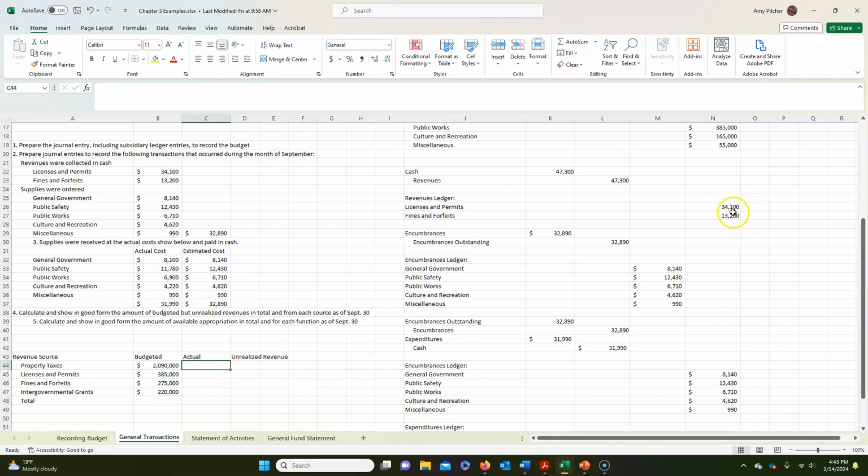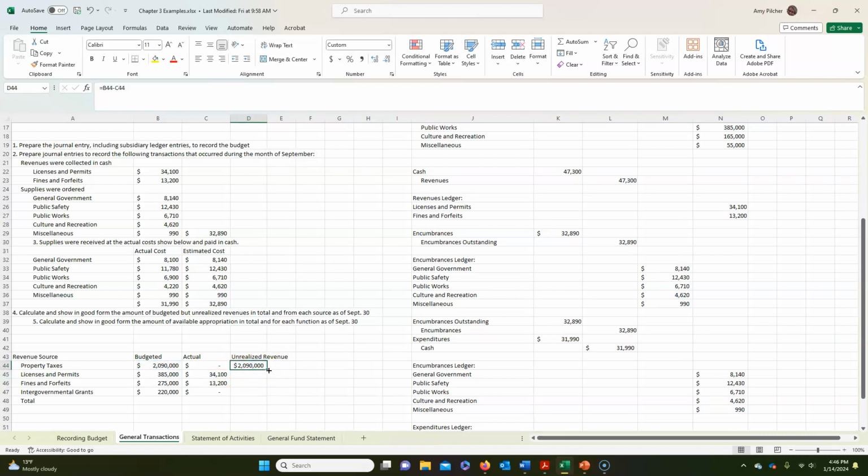So the only things that we've received so far is the $34,100 for licenses and permits, and the $13,200 for fines and forfeits. We have not received any of our other amounts. So I'm just going to do some formatting here. And then our unrealized revenue, which is the difference between them, of course. So our budgeted minus the actual. Copy that down.